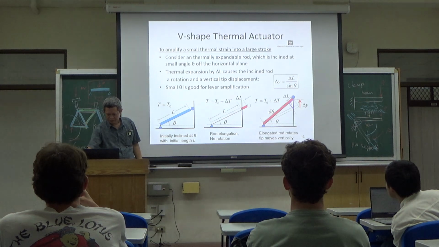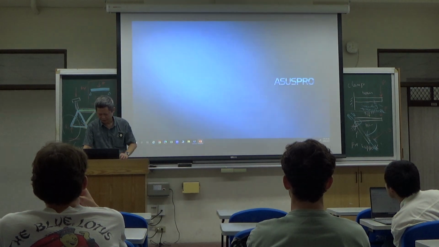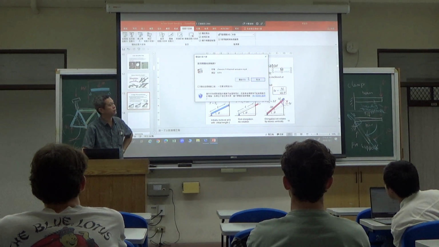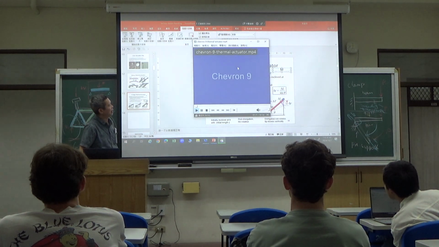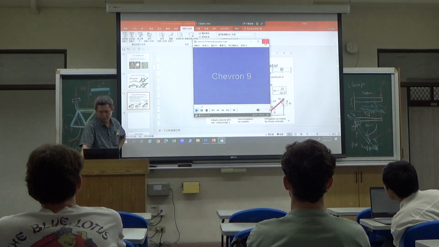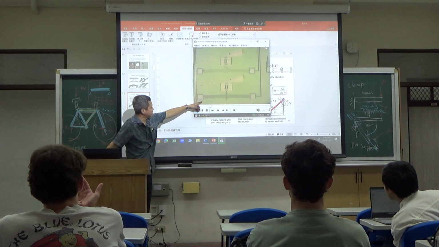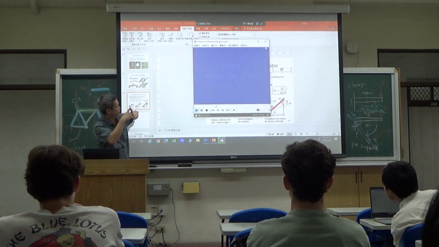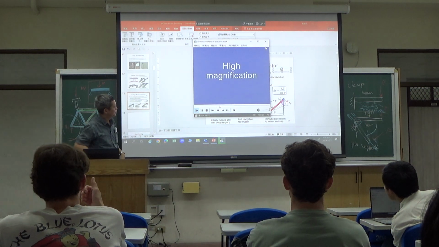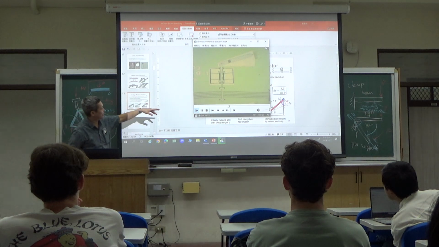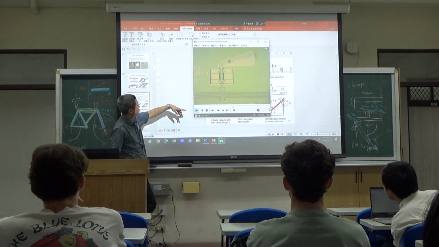So this kind of structure is there on the wafer. You see this kind of structure under the microscope. So the beam is there. It's a long beam, but it's a chevron or V-shaped beam. Under high magnification observation, you can see the beam elongating and then moving vertically.